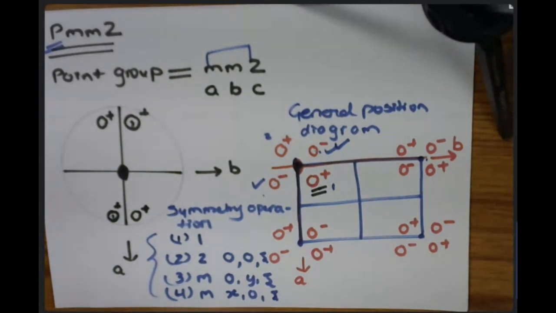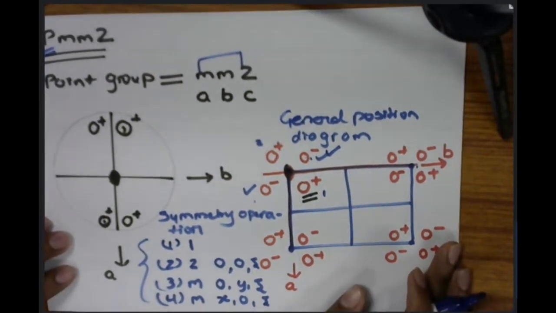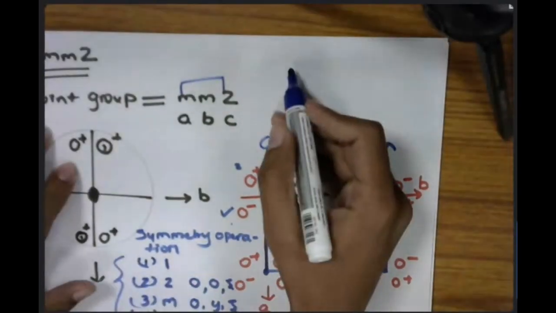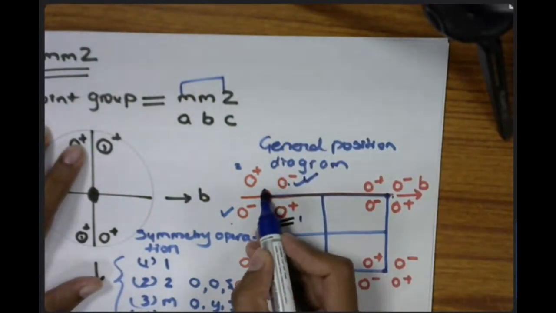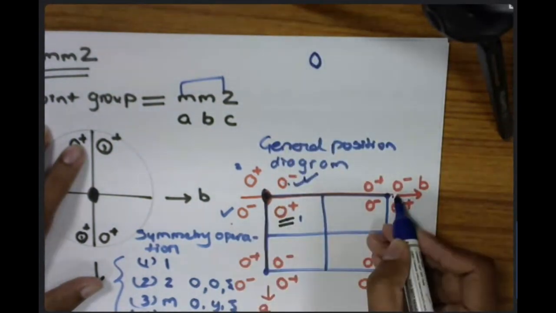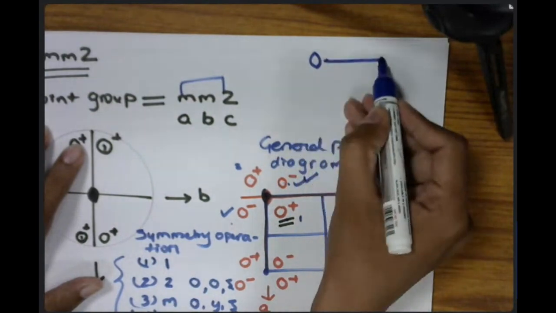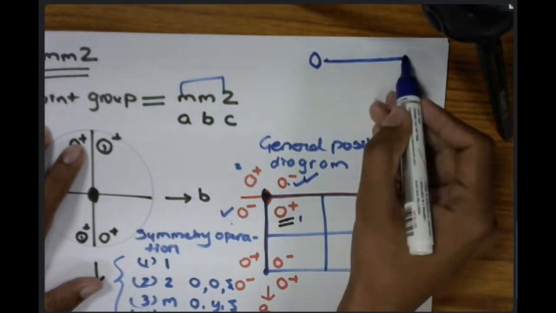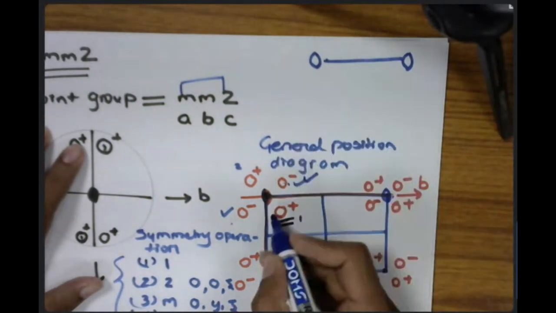Now, okay, let's draw its symmetry diagram also. So about this, there is a twofold. There is a mirror along B. Again, there is a twofold. Right, this twofold will be there. Then there is a mirror.